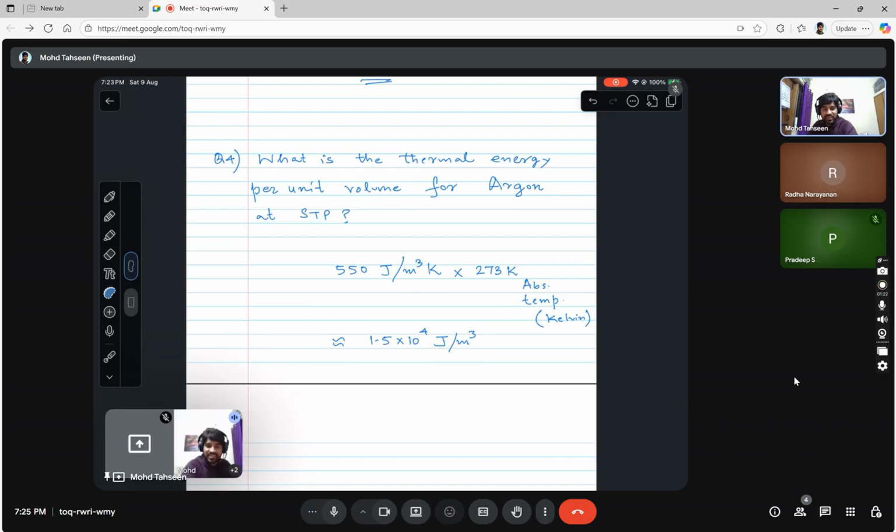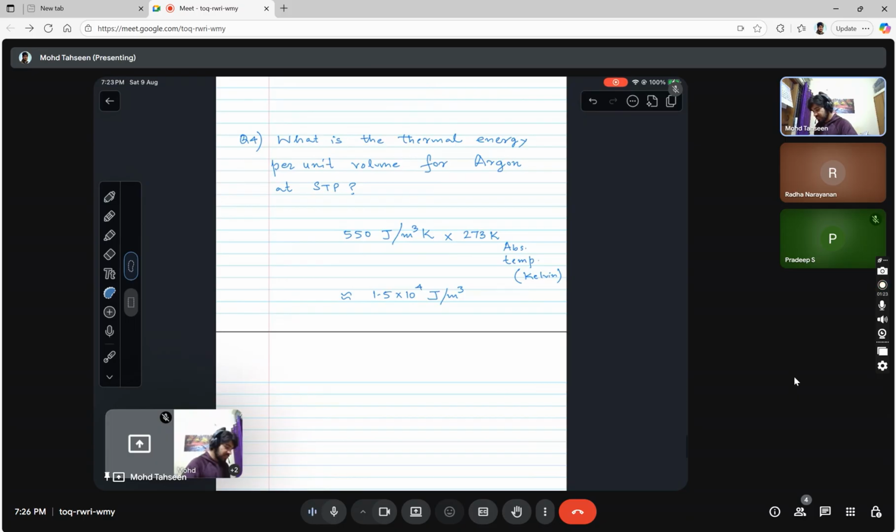I see, so you found the button now. Now you can hear me, right? Yes, I can hear you clearly. Okay, fine. Thank you. I just wanted to test whether the concept is clear. So we have to write it in terms of absolute temperatures. You are absolutely right. So this is what the energy density would be.